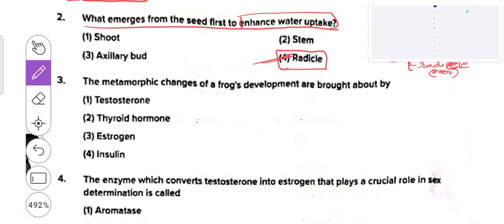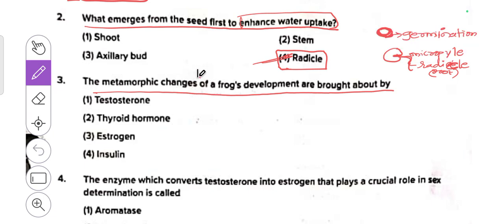The next question. The metamorphic changes of a frog's development are brought about by. Metamorphosis is the process where one form of organism gets converted into another form.